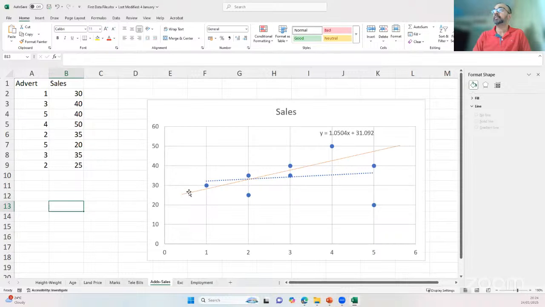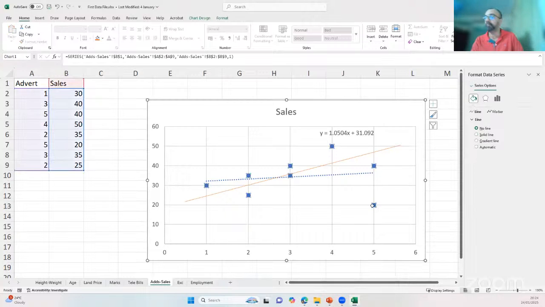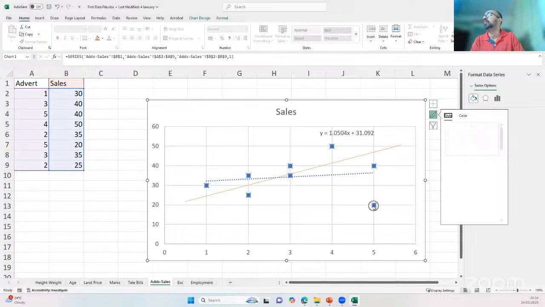General pattern is, if you look at it, it is like this. Okay. But because of this one data here, right? This line turns towards that.